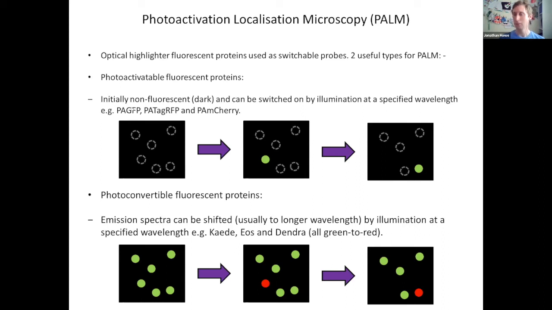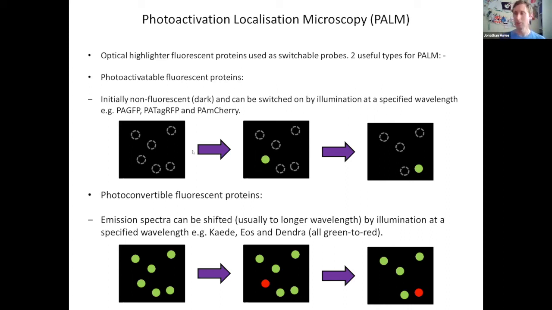But then what you do is take a time series image where you slowly trickle in light at 405 nanometers, UV light. And this UV light induces a conformational shift in the PAGFP chromophore, which turns it into the green fluorescent version.